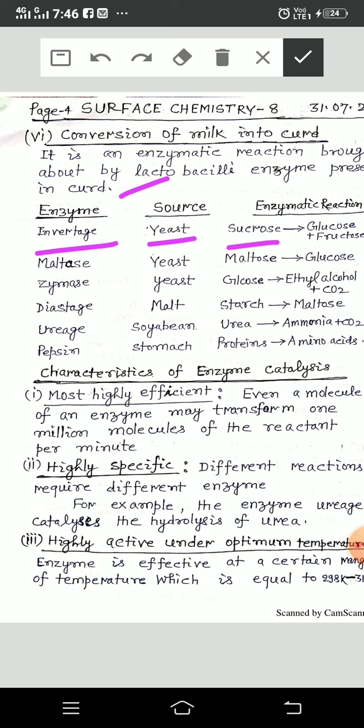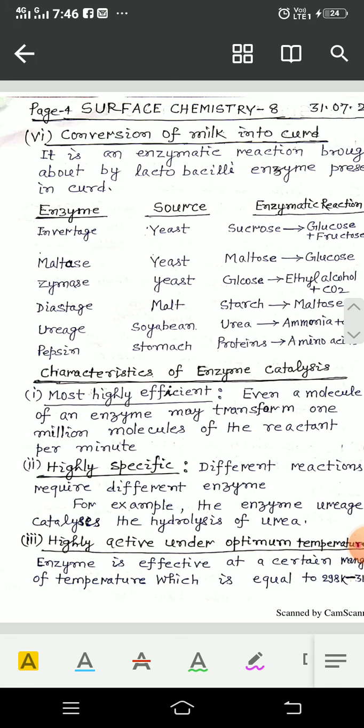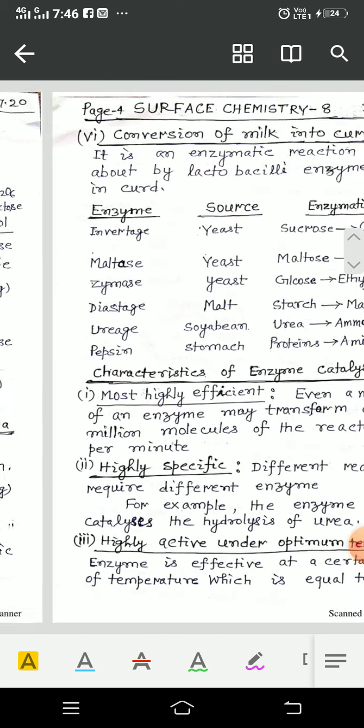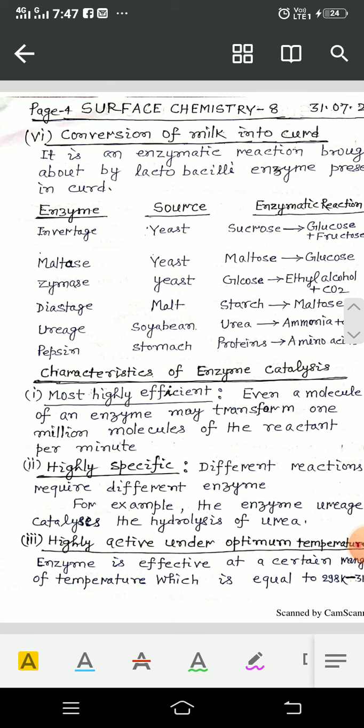You might have seen before in page number 3 that maltase converts maltose into glucose, zymase converts glucose into ethyl alcohol. So in this way, this is the meaning about the highly specific.